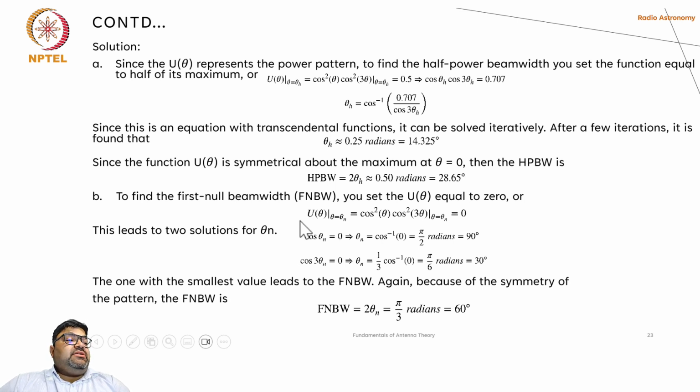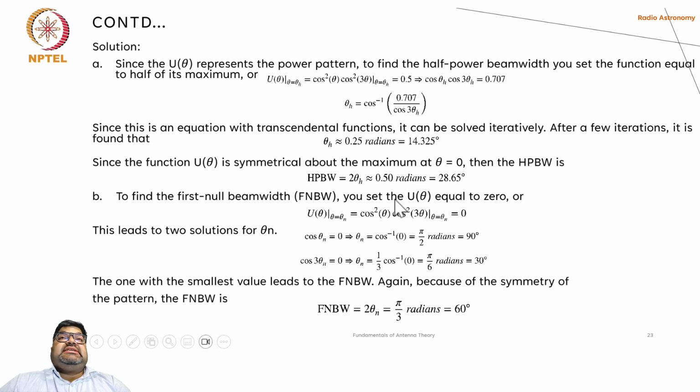Now for this beam pattern, the FNBW is where U(θ) comes to 0. U(θ) can be 0 at two points: where cosθ equals 0, that is 90 degrees, and where cos3θ equals 0, that is θ equal to 30 degrees.